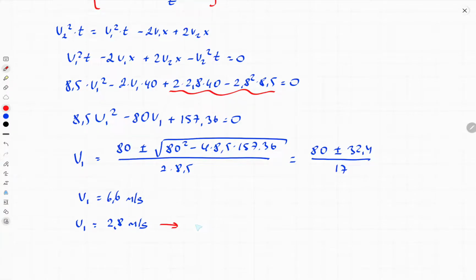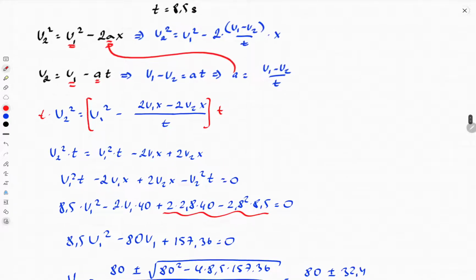This would mean motion with constant velocity, because final velocity is also 2.8. But here we expect initial velocity greater than 2.8, which is 6.6. So for our problem, initial velocity is 6.6. Now, second question, we will find acceleration.